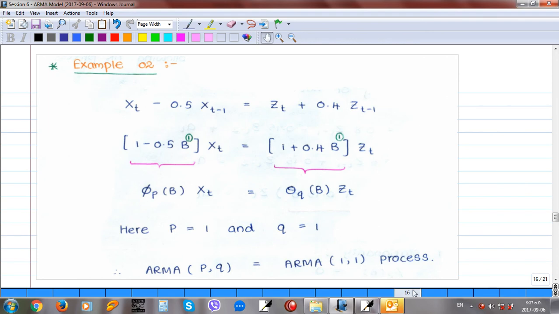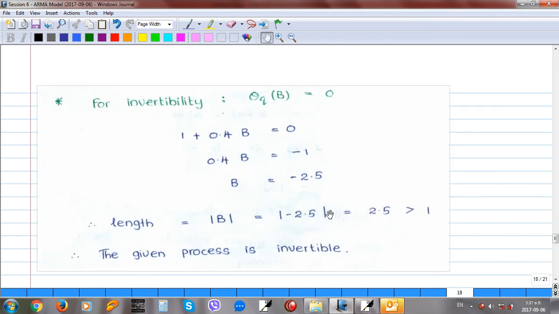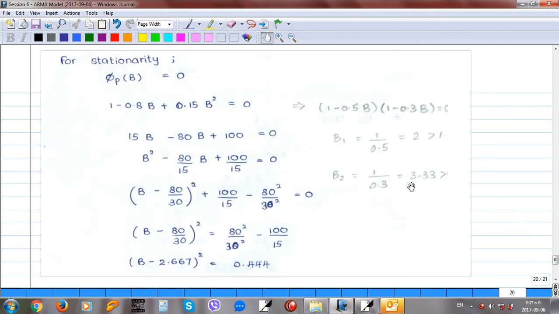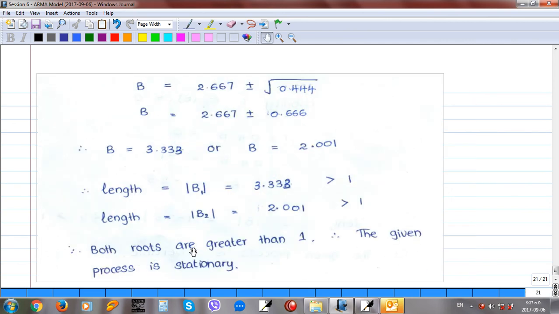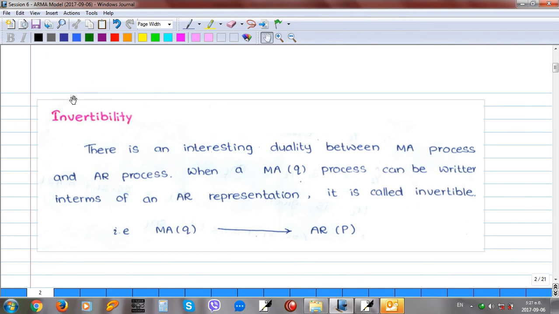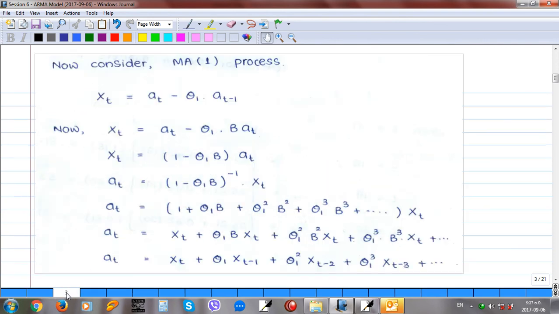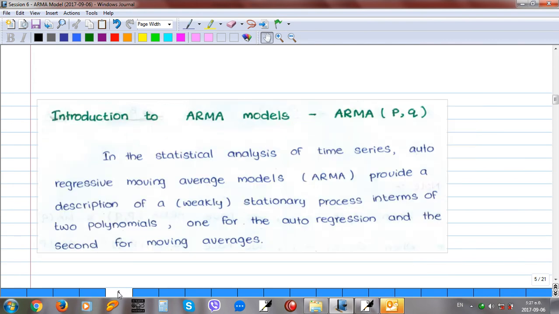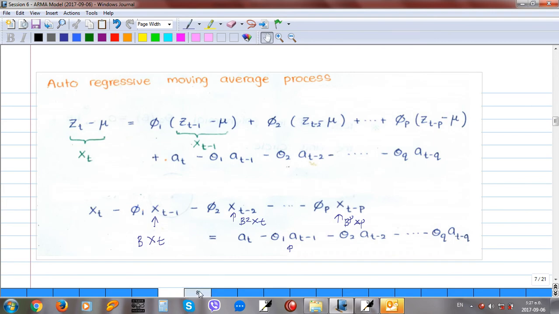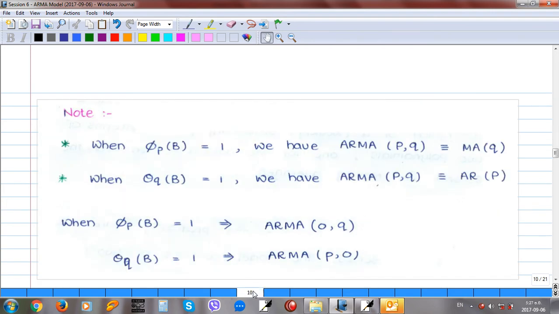Then for the second example we simplified those, and the third example we discussed, where the roots are greater than 1 and the process is stationary. As in the beginning we recalled the moving average process and autoregressive process, learned what invertibility is, and then discussed the ARMA model and its properties, invertibility and stationarity.